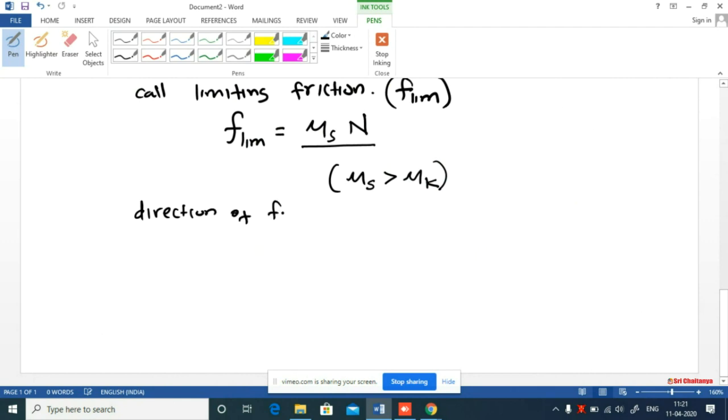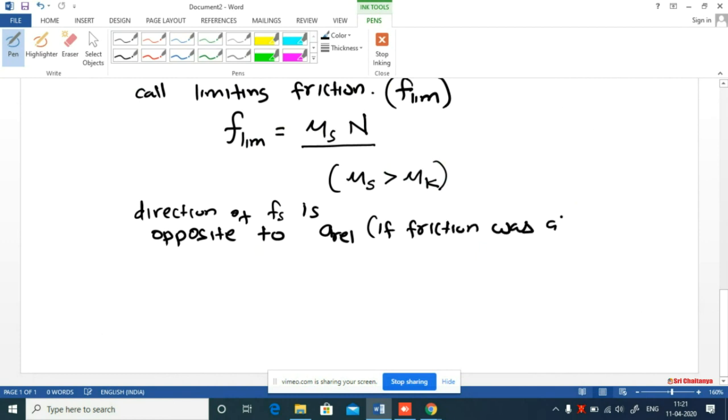Direction of fs. Again I'll remind you, what was the direction of fk, the kinetic friction? It was opposite to relative motion, that is, opposite to v relative. Now the direction of fs is opposite to the tendency of relative motion. So it is opposite to a relative if friction was absent.